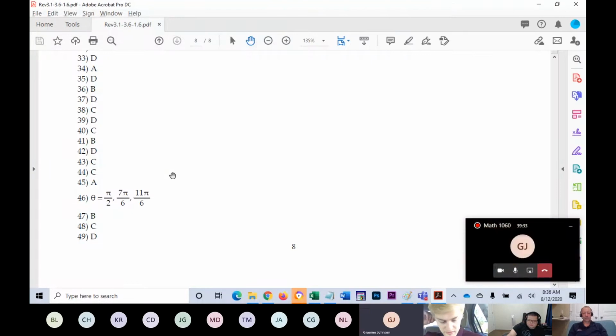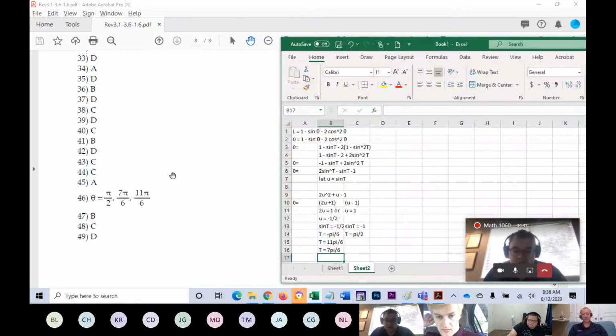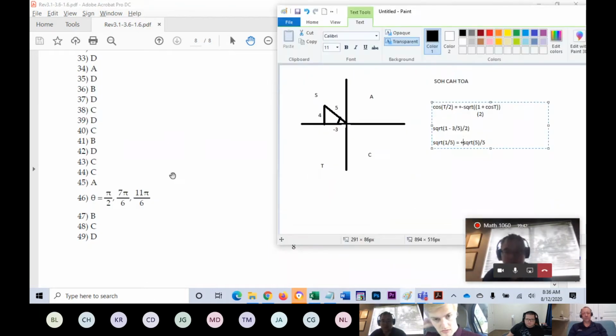So on that one, real quick. The reason why we did 11 pi 6 and 7 pi 6 is because theta is negative pi 6 from both 360 degrees and 180 degrees, right? Correct, yeah.